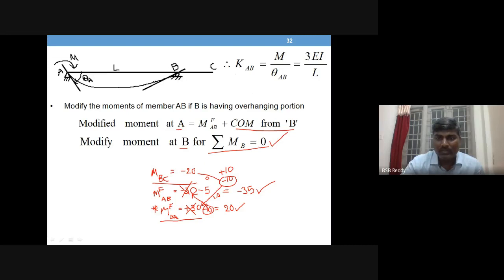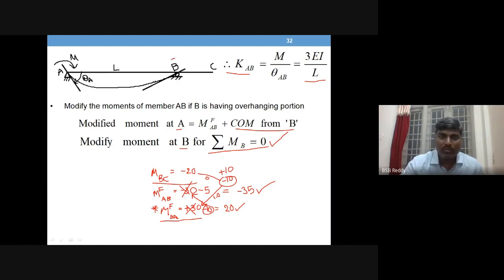Similarly, step 2 will have a change of stiffness value, where B, though it looks continuous, we will treat as an end hinge. Hence, the stiffness value will be modified to 3EI by L. So these are the changes if you have an overhanging portion.